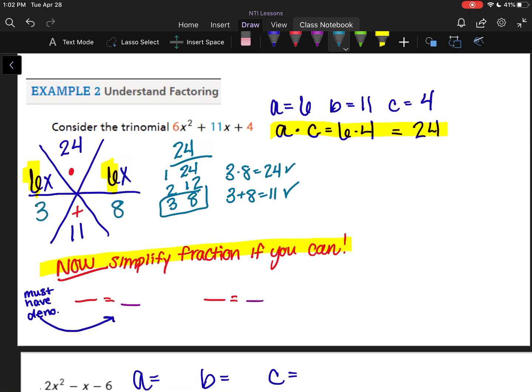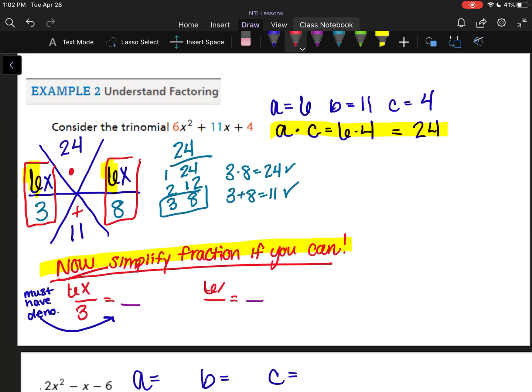I'm going to write those in there just like we've been doing. But now when I look at my 2 fractions, I have to see if I can simplify them. So I've got 6x over 3. And then I have 6x over 8. Let's simplify those. 6x over 3 can be simplified to be 2x over 1, because 6 divided by 3 is 2.